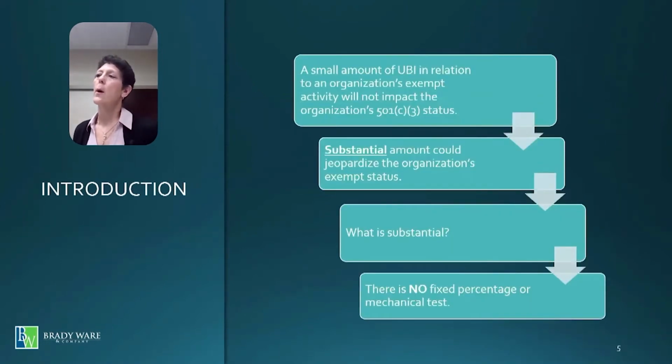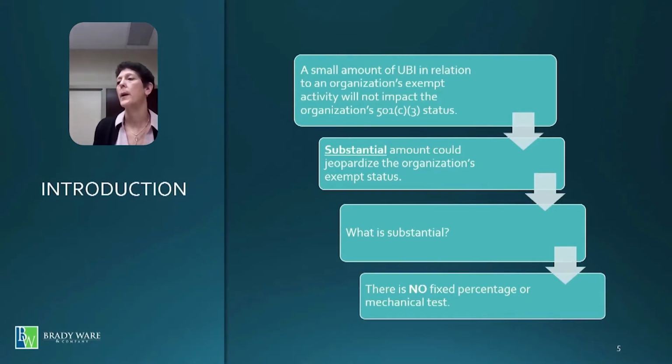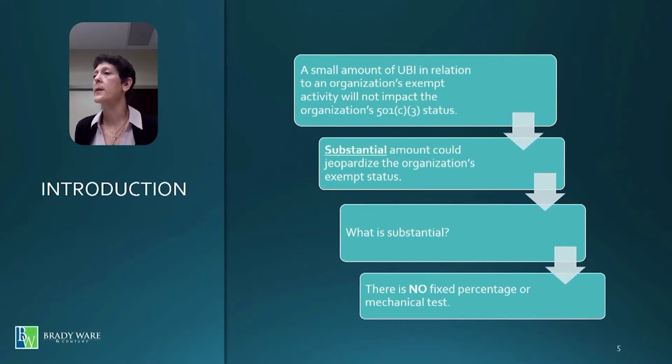So you ask, does it matter how much UBIT income our organization is going to generate or has been generating? The IRS says yes, but all they have stated in the tax laws is a "substantial amount," and they have never defined what substantial amount means.